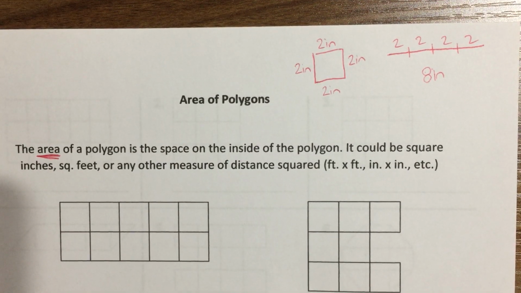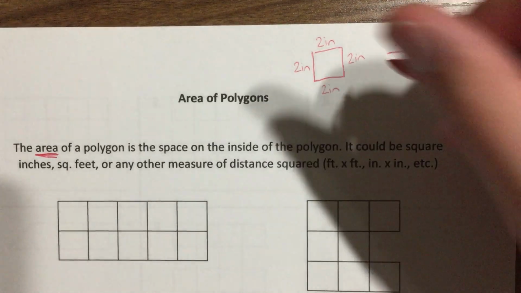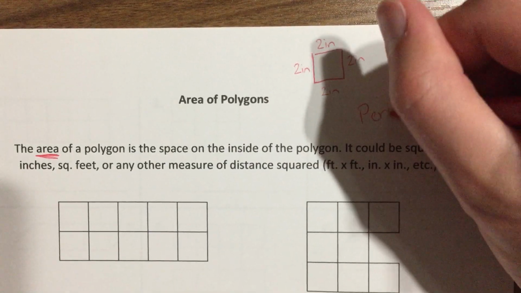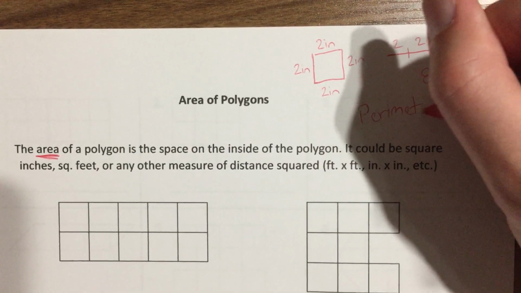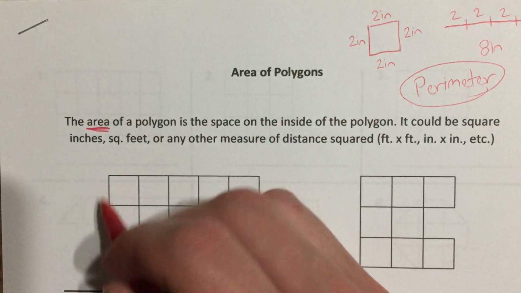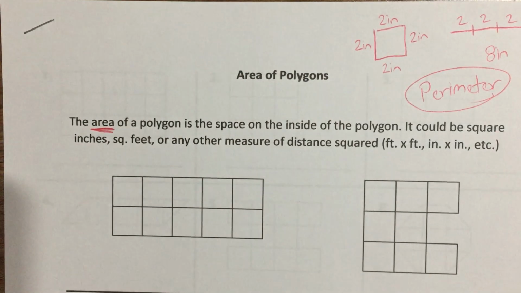Now the difference with what we're talking about with these shapes with area, okay, that's perimeter, and I'm going to mark that right here so we remember that. Perimeter is right here. Area is the length and the width of a certain area of space.